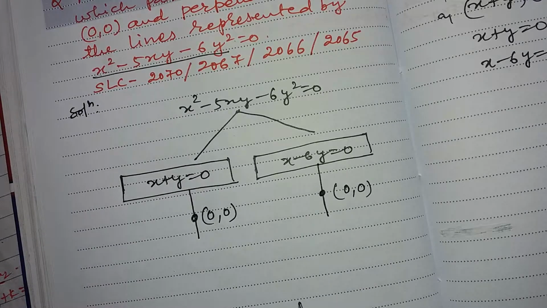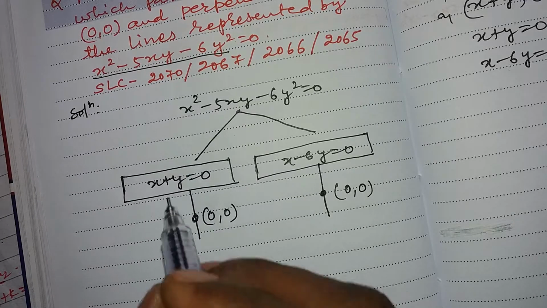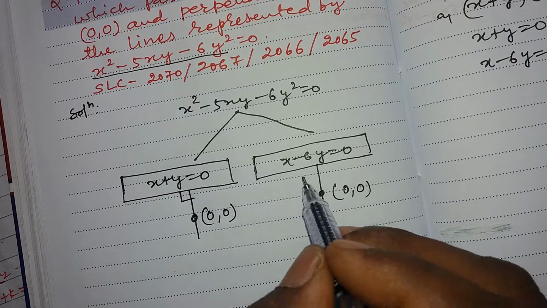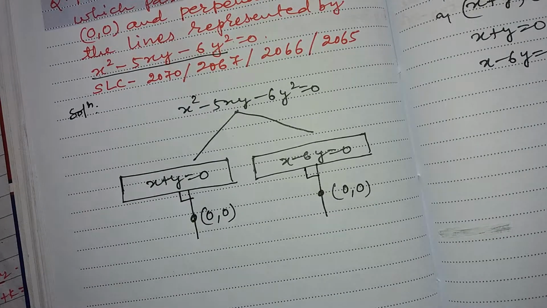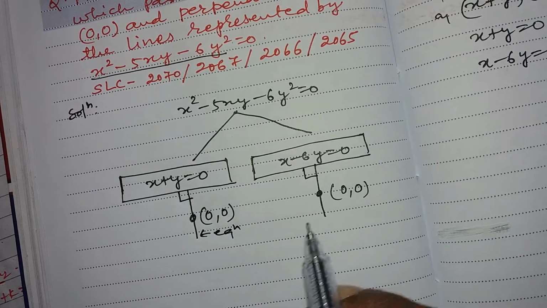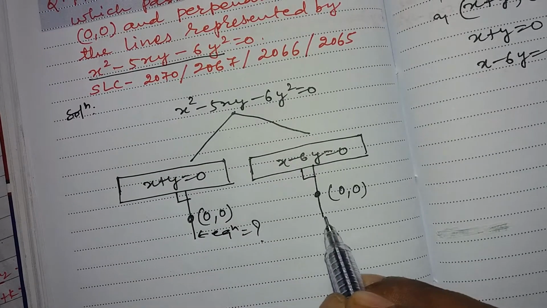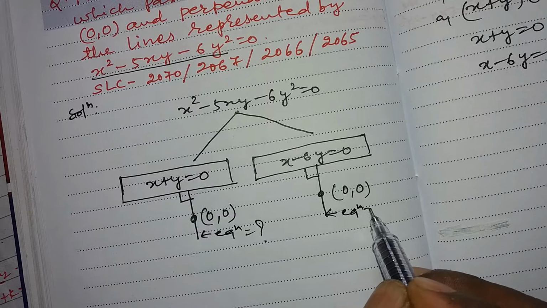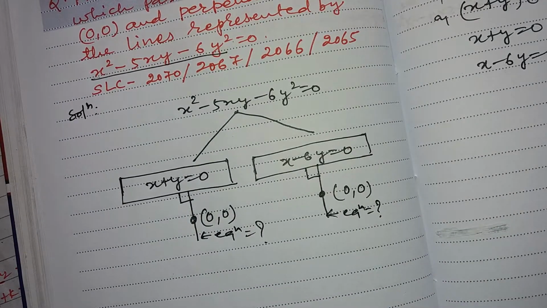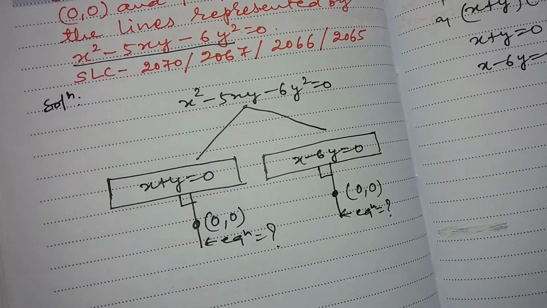In the previous exercise, you have learned how to find the equation of the straight line which is perpendicular to the given line and passing through the origin. Here, perpendicular to the line, we need to find the equation of each of these. You learned in the previous class how to find the equation.